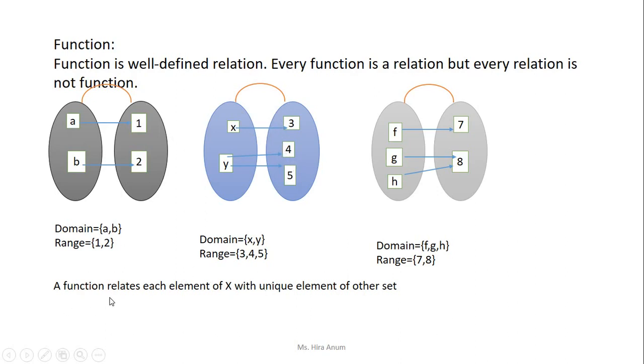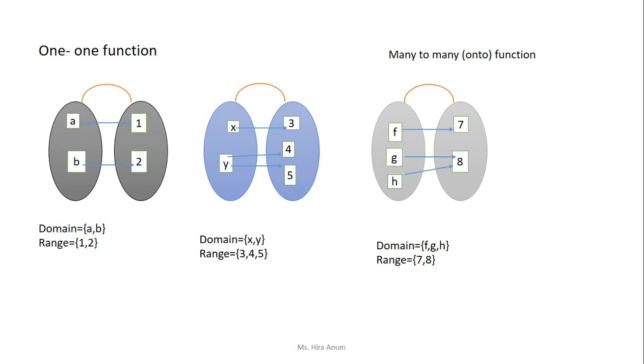A function relates each element of X with a unique element of the other set. There is a 1-1 function. Here we have a 1-1 function, in which one element of X takes one element of Y, the other set.